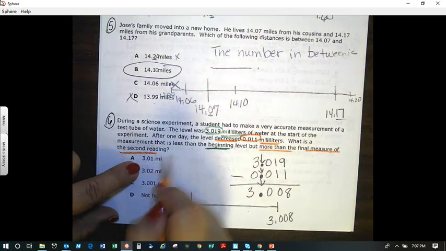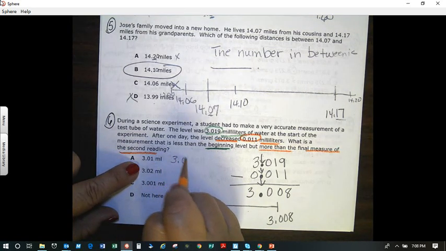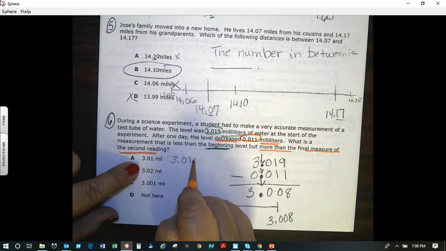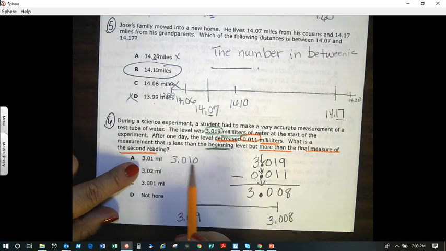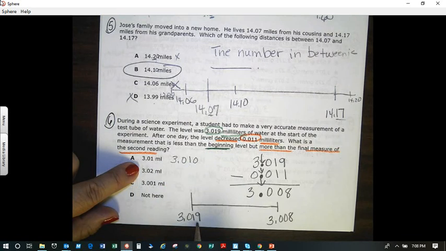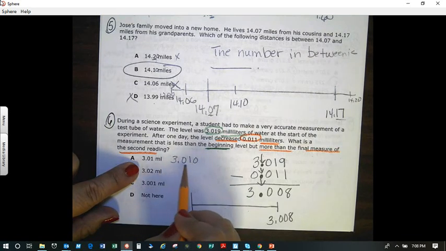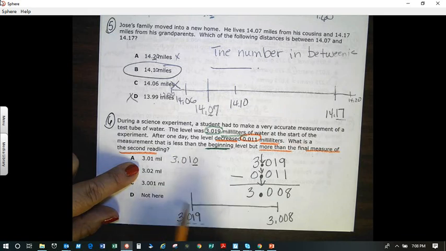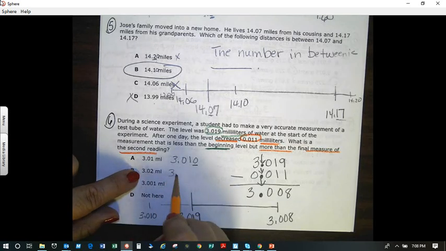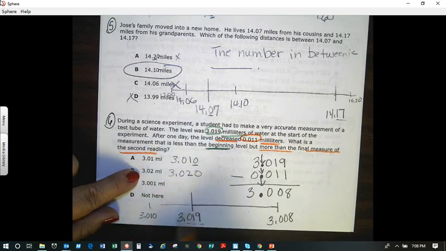If I have my 3 and 1/100th, now I needed to add a 0 here because I have thousandths that I'm dealing in. And remember we talked about 0 is my hero? This is what I have. There's 0 as my hero. Now I can read it as 3 and 10 thousandths. Would that fit? It's going to be on this side over here. I'm going to add a 0 because 0 is my hero. Will this fit?